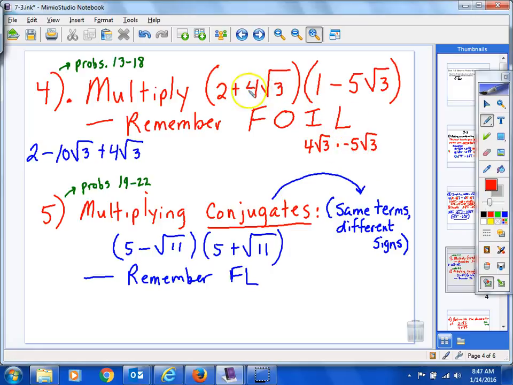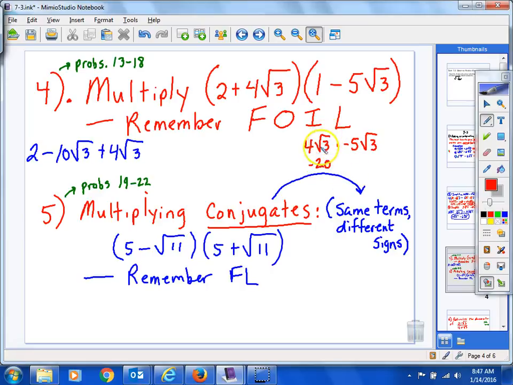When you multiply these, I call them their combination non-radical times radical, you really have to break them up into parts, okay? Start by multiplying the numbers that are not under the radical. 4 times negative 5, that's negative 20.